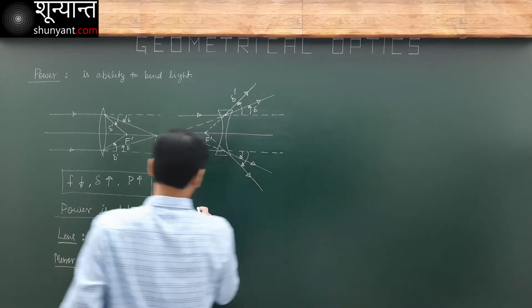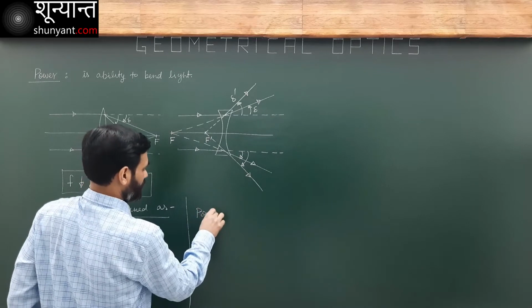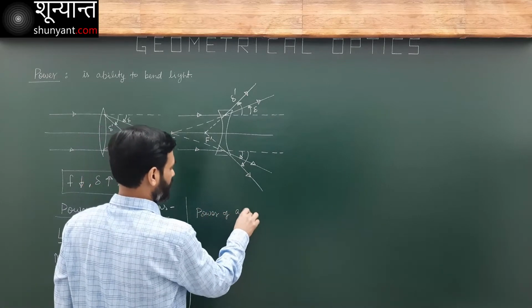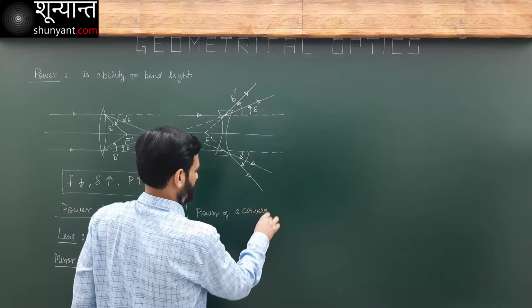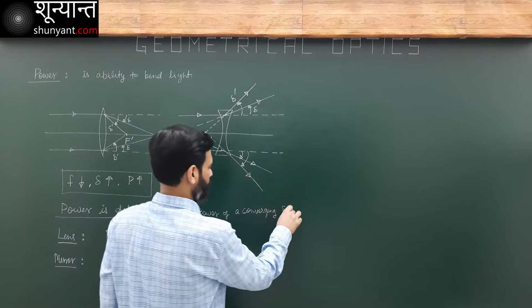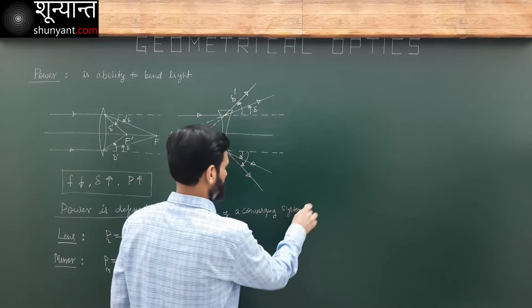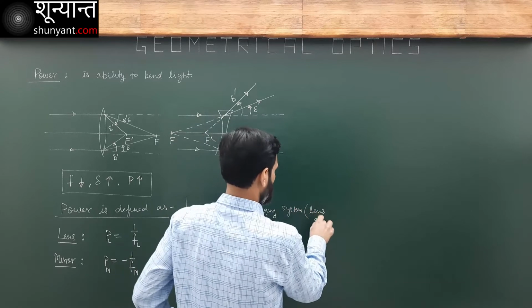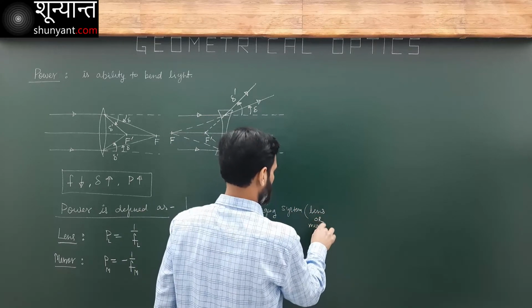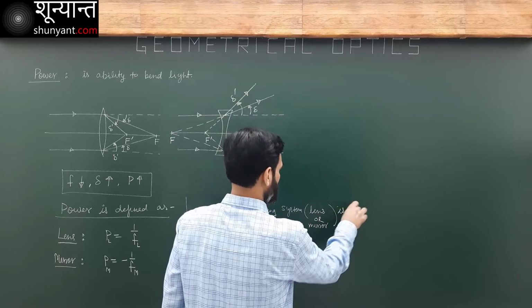So the power of a converging system, it can be lens or mirror, is positive.